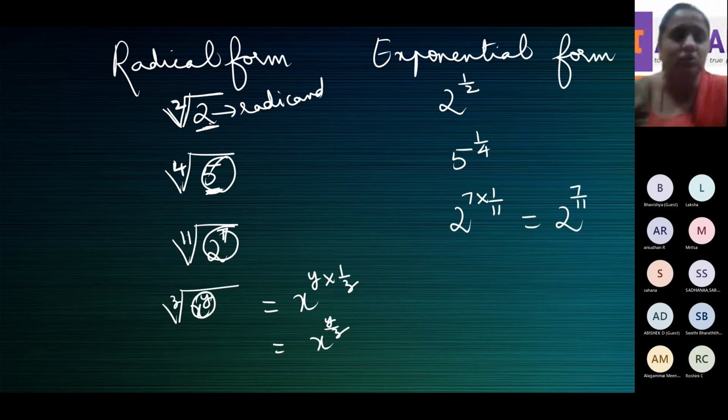So here it will be 1 by 2, 1 by 4, 1 by 11, 1 by Z. There's already a power, so into 1 by Z. Y into 1 by Z is Y by Z. So X to the power Y by Z.